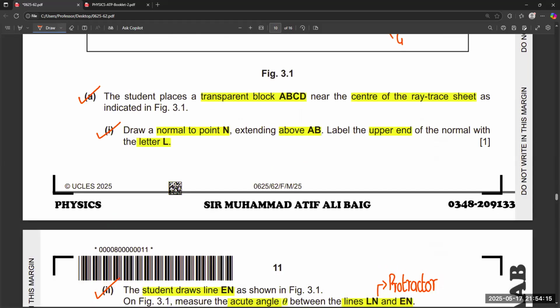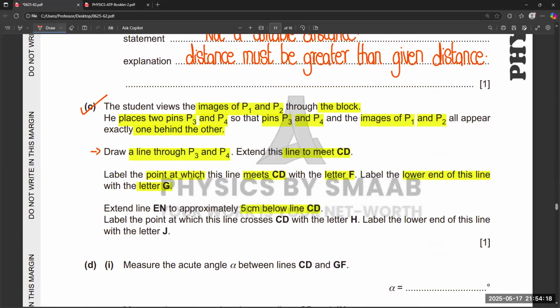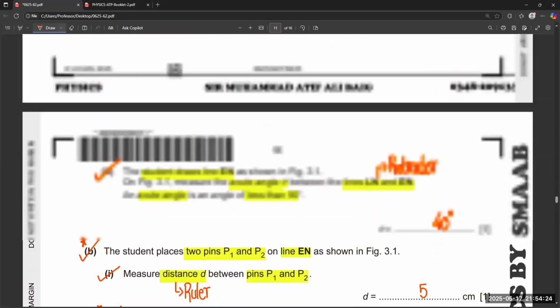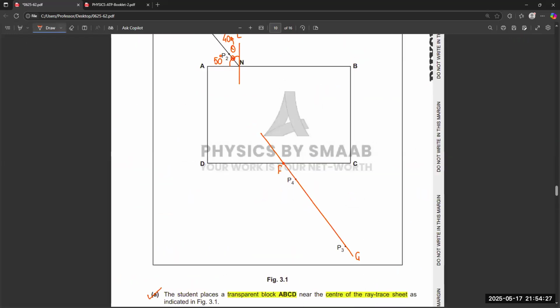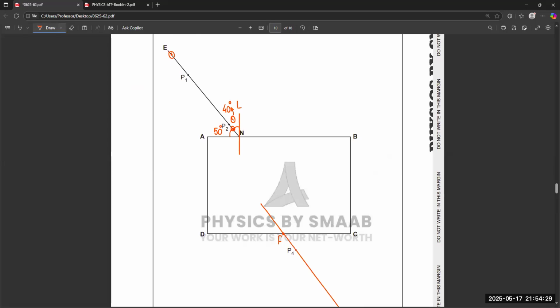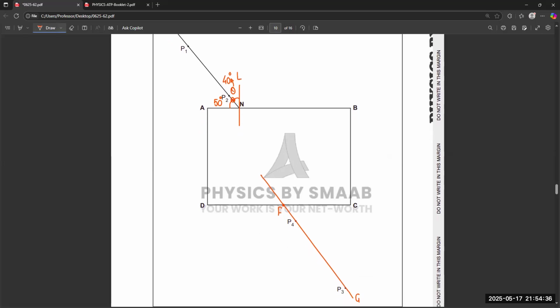Okay. So basically, we have to extend line EN. Let's continue that line EN from the top. You can see EN is the top line. We have to extend this line approximately 5 centimeter below CD. So this is approximately 5 centimeter. You can mark it with the help of a ruler. It is simple.